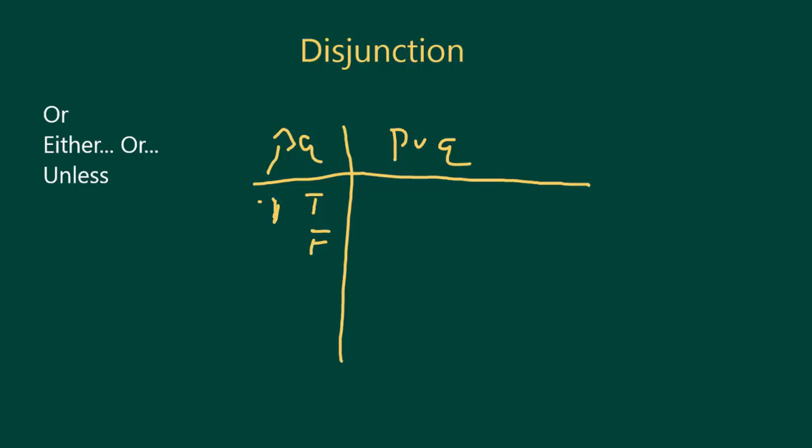We have the case in which it does rain. But we also have the situation in which it doesn't rain, but the grass is green in one case and then false in the other case. And that exhausts all the possible circumstances.